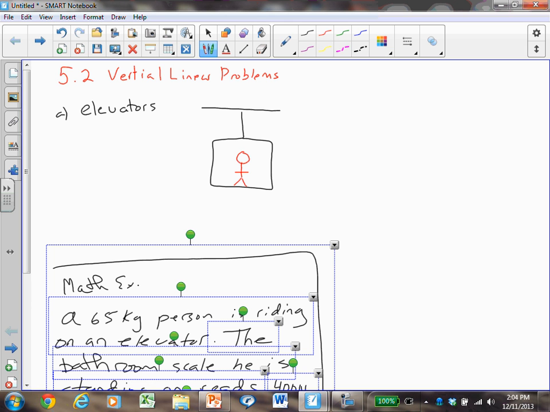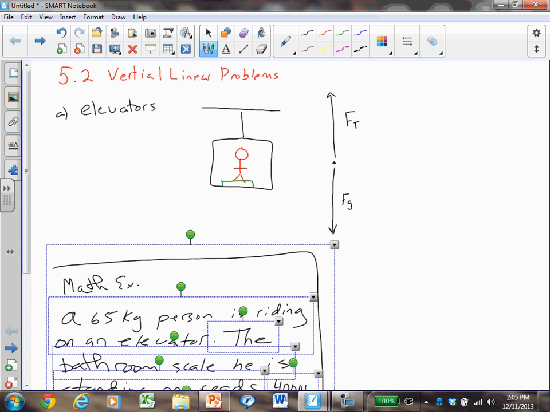Let's imagine this person standing on a small scale so that there's a support force pushing upward on them. We could draw a free body diagram for the whole car system, car and person all together, and that would have a large FG down and a tension up in the cable, like that.